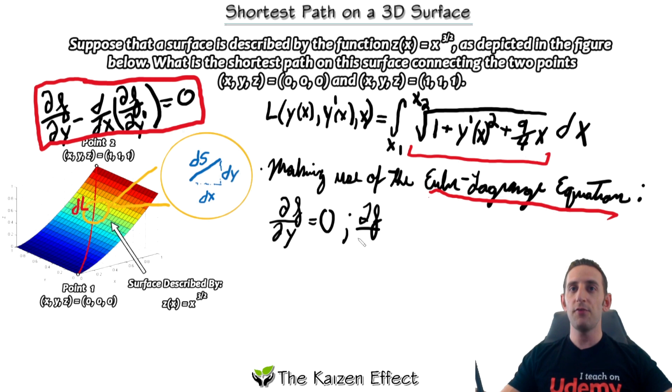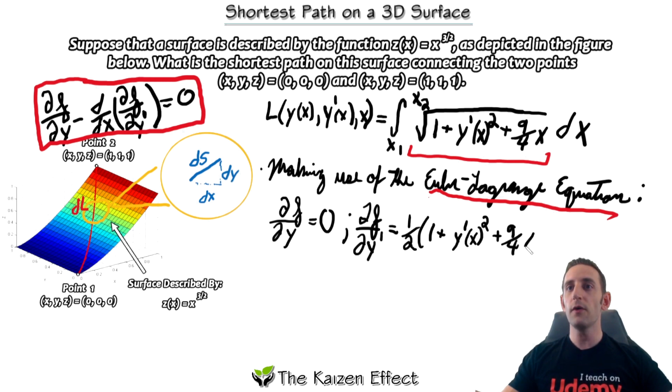So df/dy prime is equal to what? We have this square root right here. That's going to drop a 1/2 down in the front. We get everything that was inside the square root, so that's 1 plus y prime sub x squared plus 9/4x. Then we need to use the good old chain rule. Inside we have y prime, that's squared, so in essence we just get this 2y prime coming along for the ride.